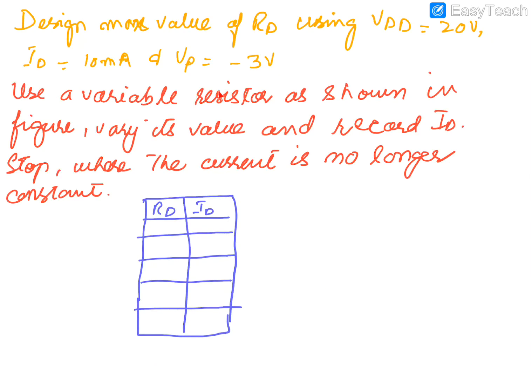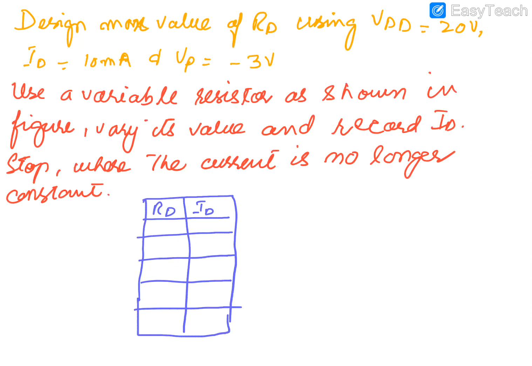As you change the value of RD, if it is less than its maximum value which you have designed previously, then ID will remain constant. As you increase further the value of RD, then ID will not remain constant. So you will stop at the moment when ID begins to change.